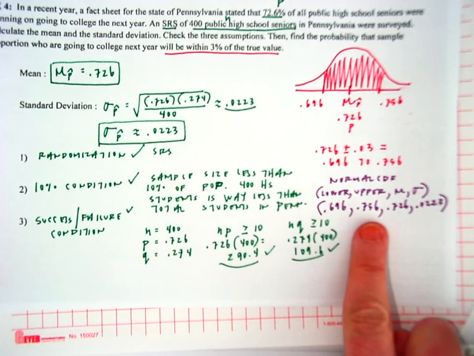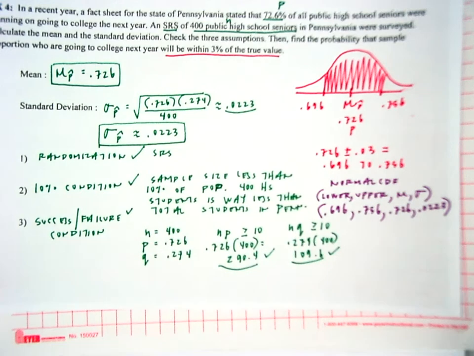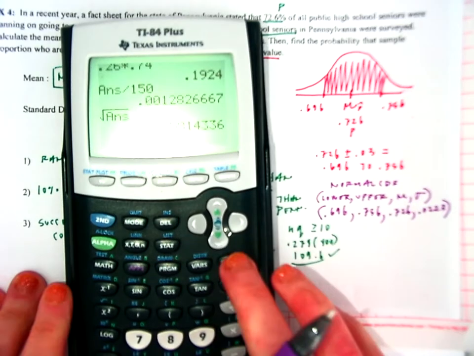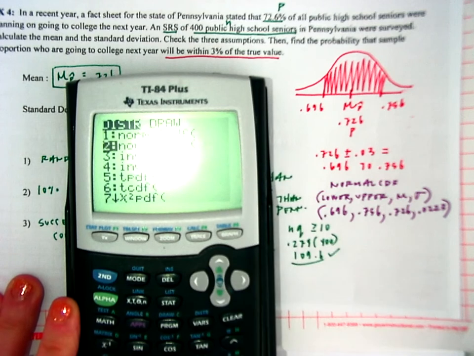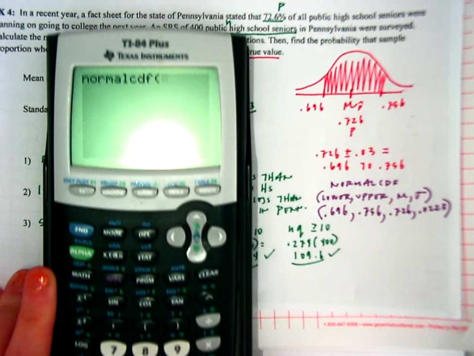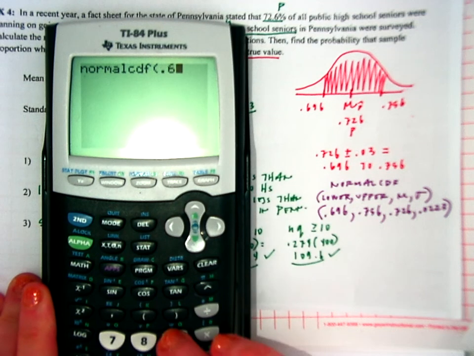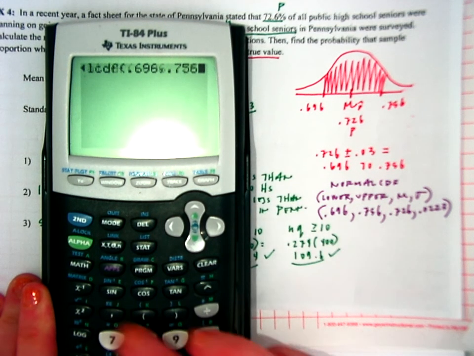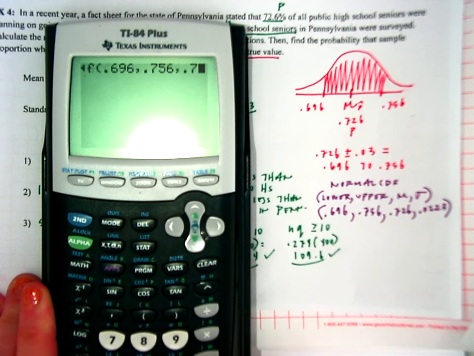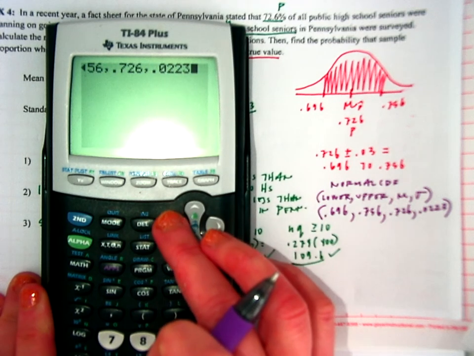My upper boundary would be 0.756, and then my mean is 0.726, and my standard deviation is 0.0223. So if I had converted to z-scores first, which again would be perfectly fine, it's just now an unnecessary step. I'm going to let us go through raw data now. So lower boundary, upper boundary, mean, standard deviation, let's crunch.